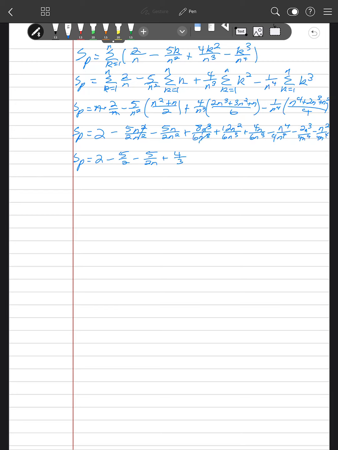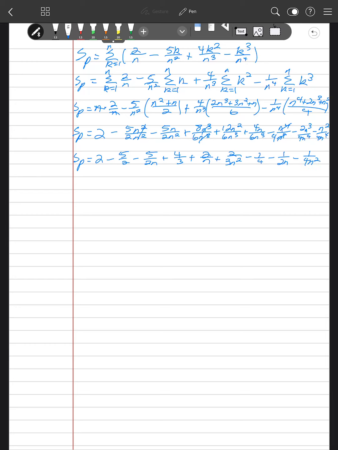Because the n cubeds cancel, and 8 divided by 6 is 4 thirds, plus 2 over n plus 2 over 3n squared minus 1/4, because the n to the fourths cancel, minus 1 over 2n minus 1 over 4n squared.